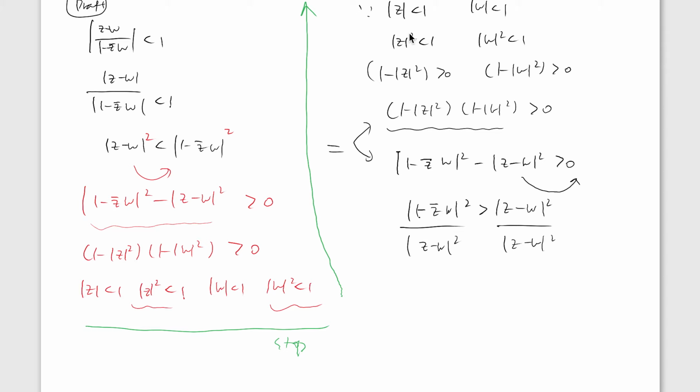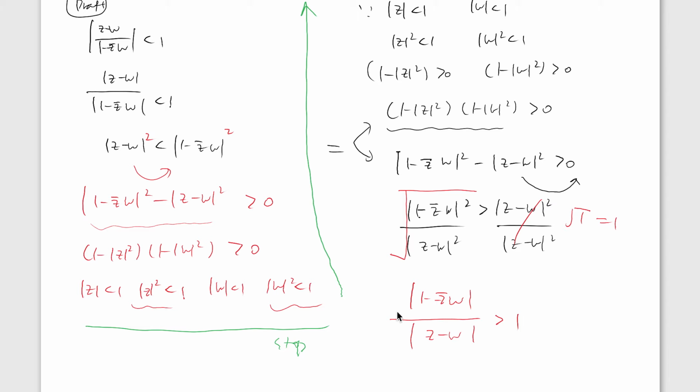Okay, and then you square root both sides. This divided by this is just 1, and then the square root of 1 is still just 1. So we have |1 - z w conjugate| divided by the modulus of z minus w is greater than 1.